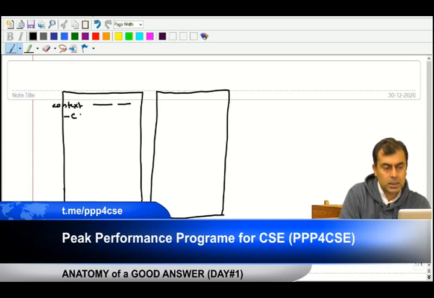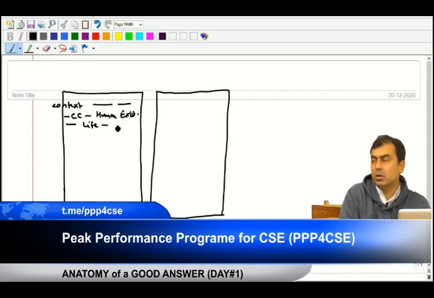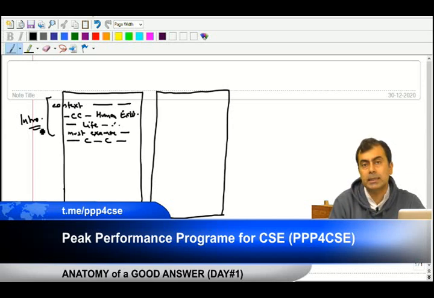So, what is happening? Climate change is not only threatening human existence, but the entire life on planet Earth, therefore we must examine its nature, cause, consequence. This is called the introduction. So, introduction is context creation.